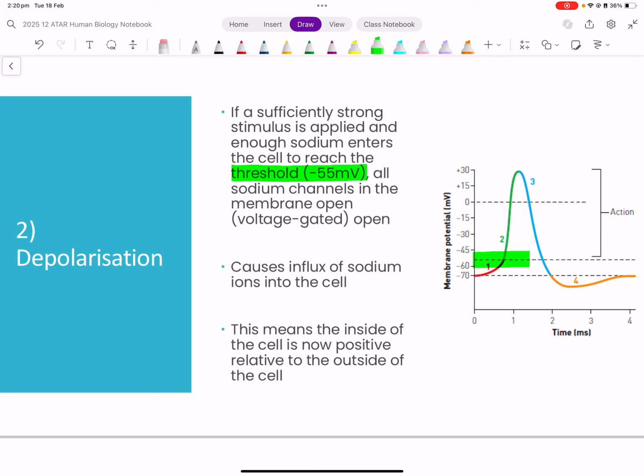If this threshold is met, all of the sodium channels in the membrane, at that particular region of the membrane anyway, will open up, and that causes a rapid influx of sodium ions into the cell. And this is why we can now see a rapid increase. If I highlight this one here, you can see the rapid increase in that charge inside the cell, because that charge increases very quickly as the inside of the cell is now more positive than the outside of the cell.